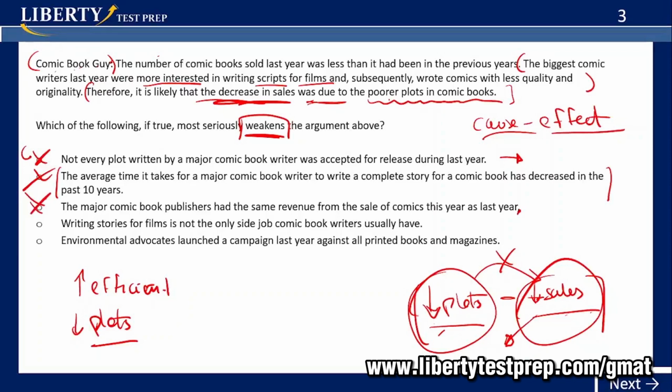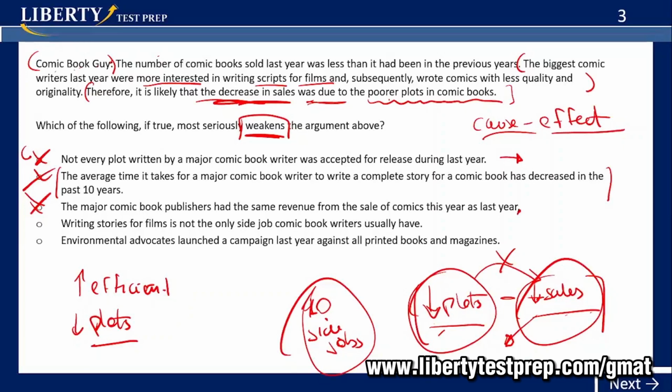Letter D, writing stories for films is not the only side job comic book writers usually have. Okay, so they have other side jobs too. But they might have 10 side jobs, who knows? Let's say they have 10 side jobs. Here the conclusion is not that it is because they are writing scripts for movies that the sales have decreased.